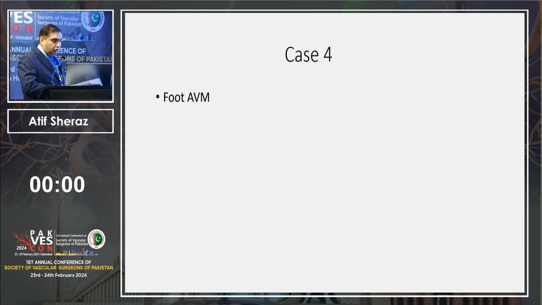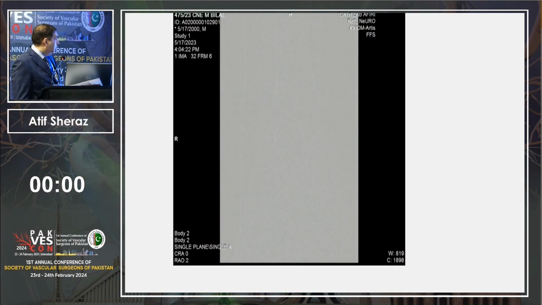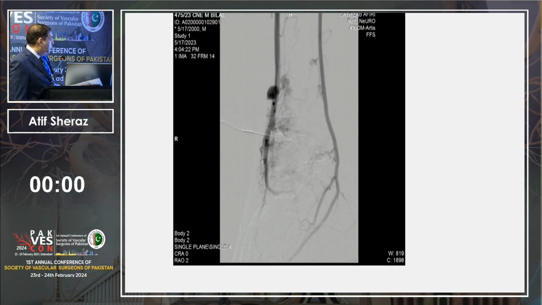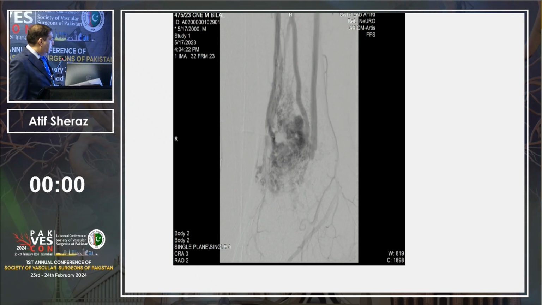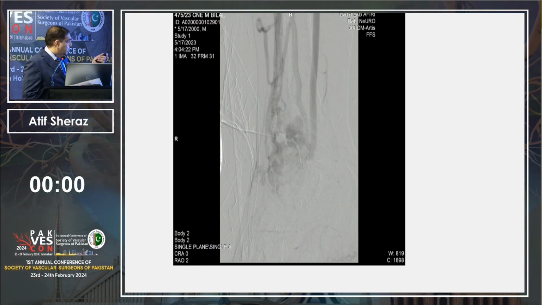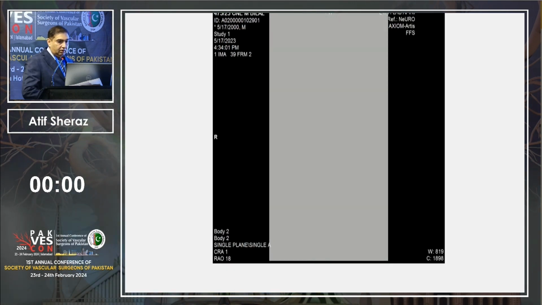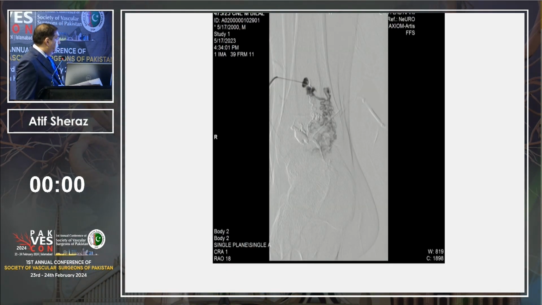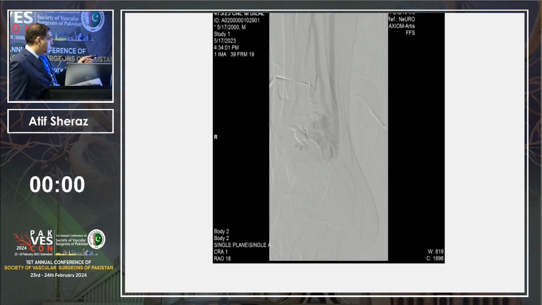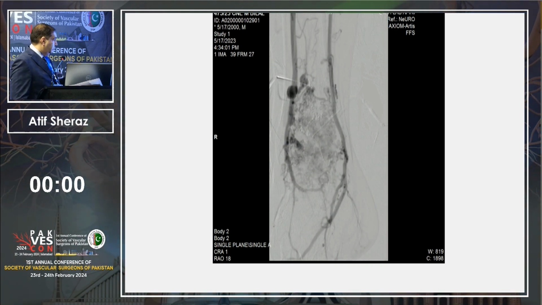And foot AVM. So this was a large high flow AVM in the foot. We can see the feeding artery, the nidus, the large draining vein. And we went for percutaneous punctures one by one because they are safer.